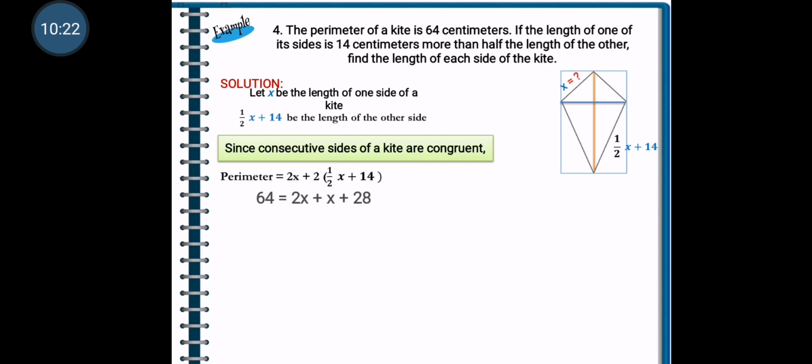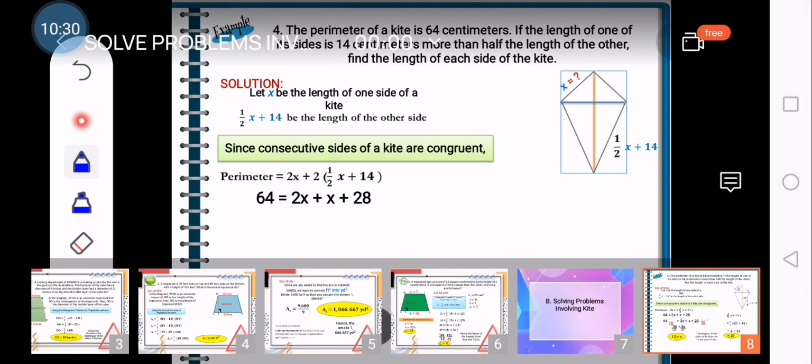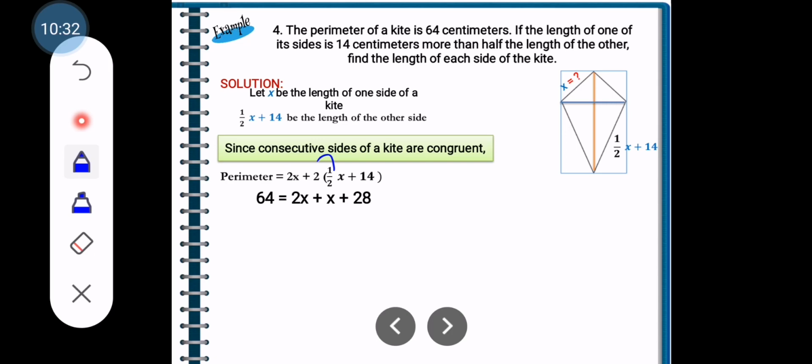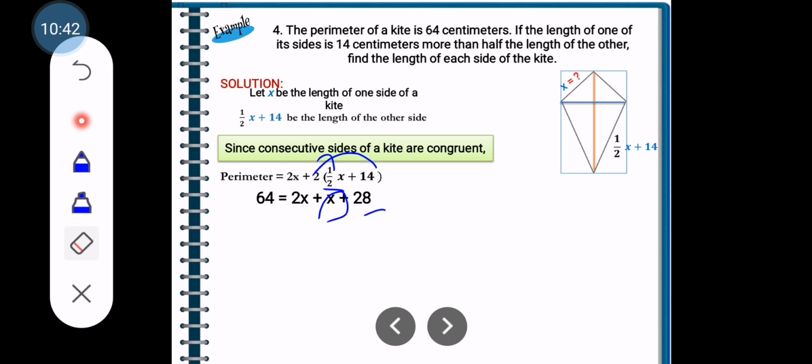Now, substitute natin. So, kaya po naging x na lang ito kasi 2 times 1 is 2 divided by 2. So, 1. Kaya ito ay x na lang. 2 times 14. Kaya ito naman ay 28. Okay?